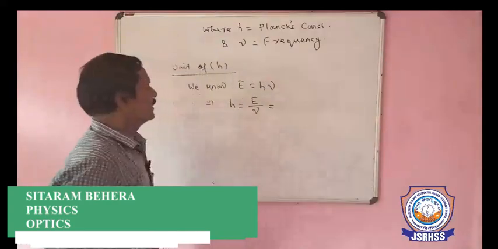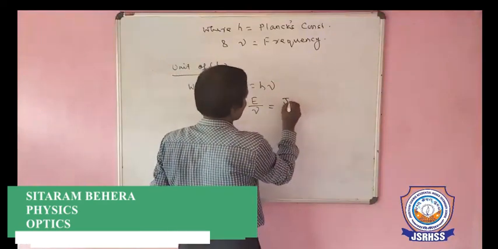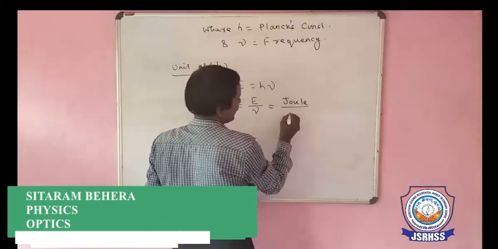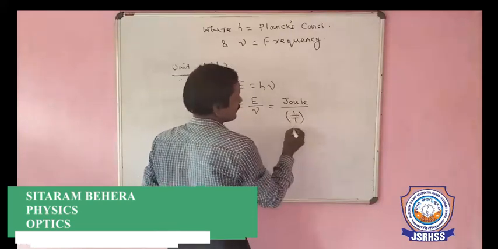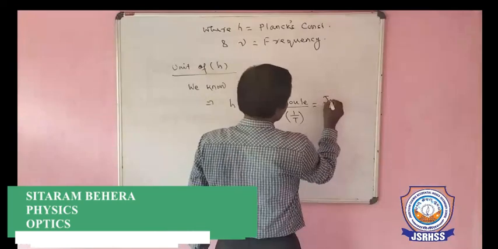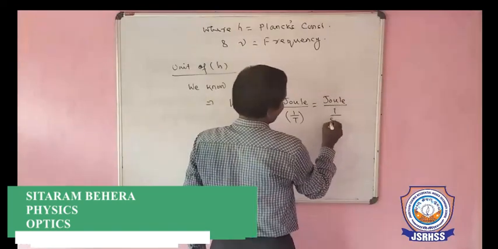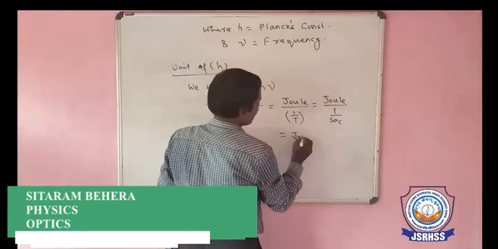Say energy is joule, frequency is 1 by time period, that is joule divided by 1 by second, that is joule into second.